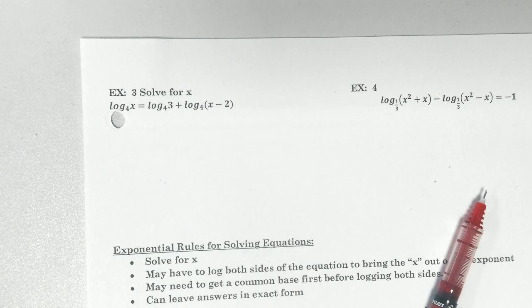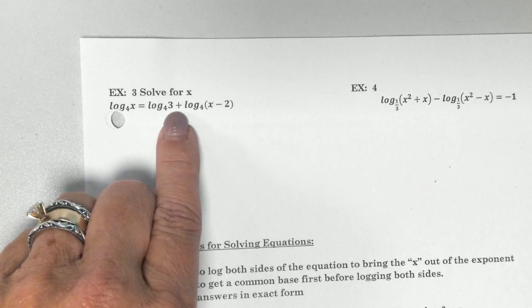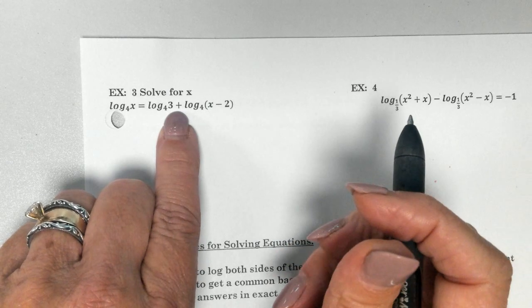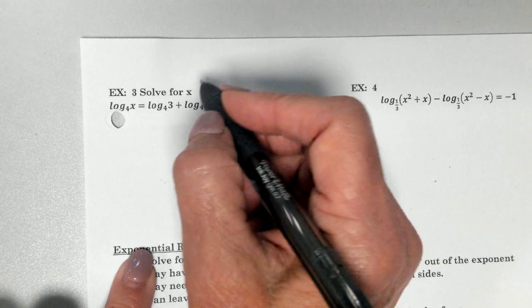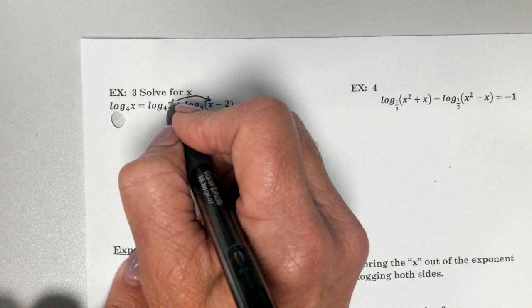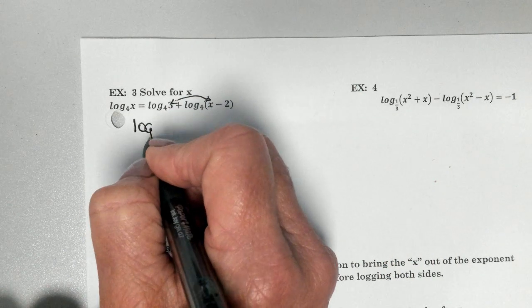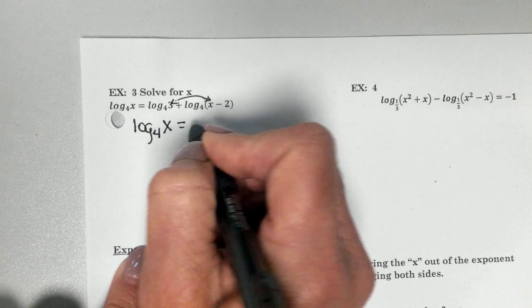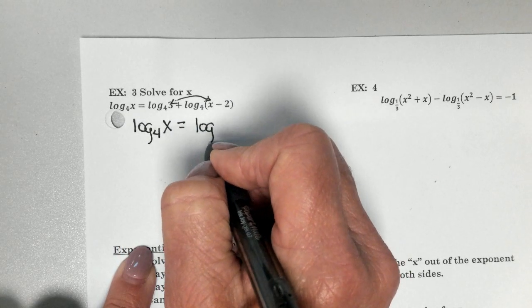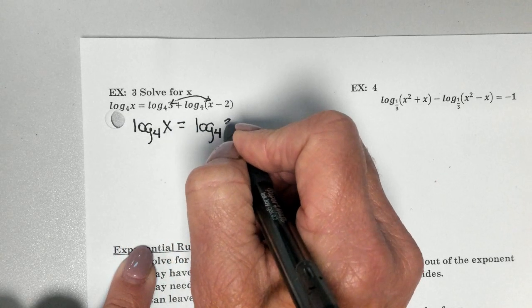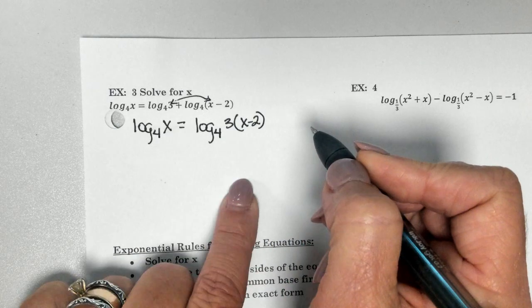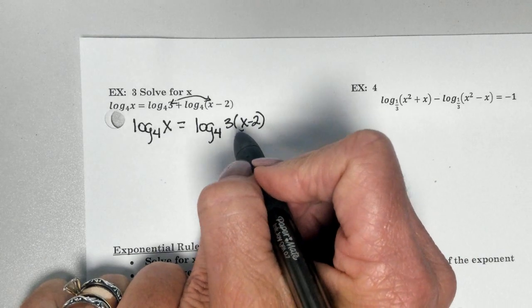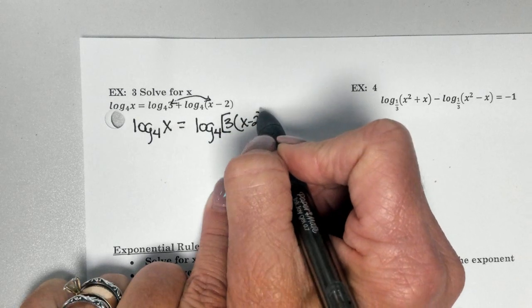So what we have to do is condense this down. What was our method that we used to condense 2 logs that were being added? We multiplied their answers right here. So this would be log base 4 of x is equal to log base 4 of 3 times x minus 2. I want you to note that this 3 times x minus 2, the whole thing is being logged.